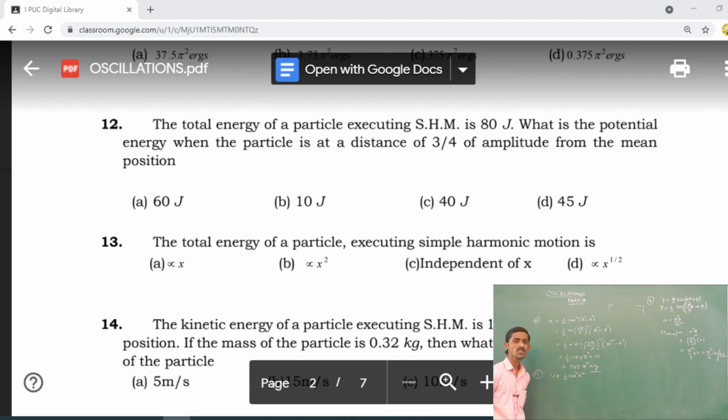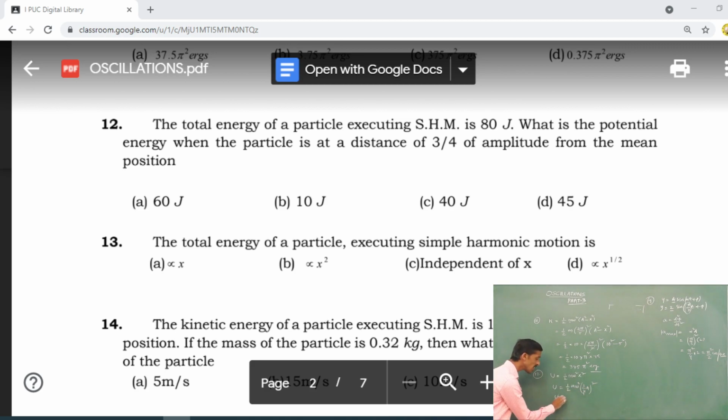But in the options, mass is not given, omega square is not given. So in terms of total energy, you should know. Half m omega square, what is the amplitude? 3/4 times of amplitude.